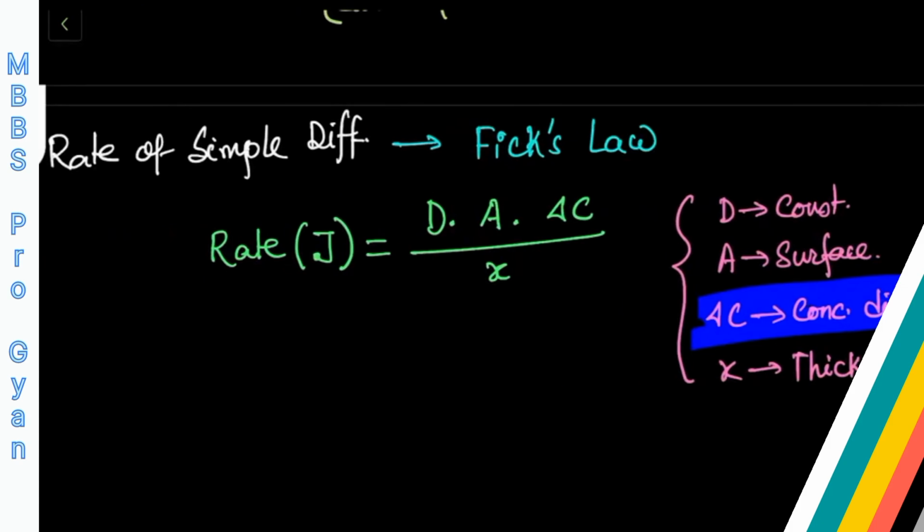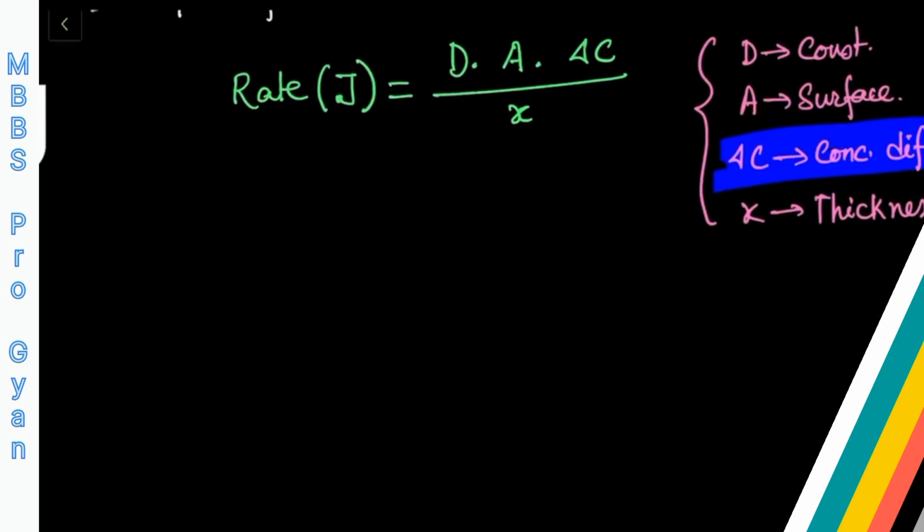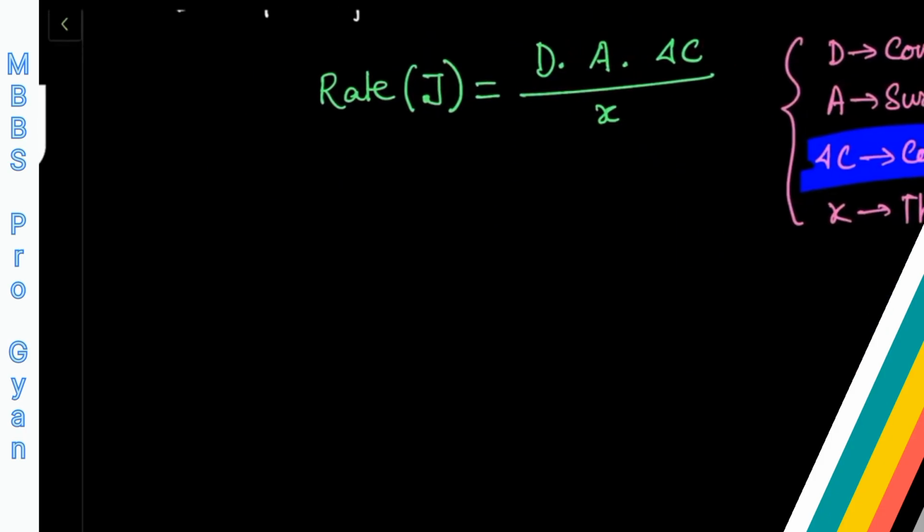So this is all about simple and facilitated diffusion. Now the third type of diffusion that remains is non-ionic diffusion.